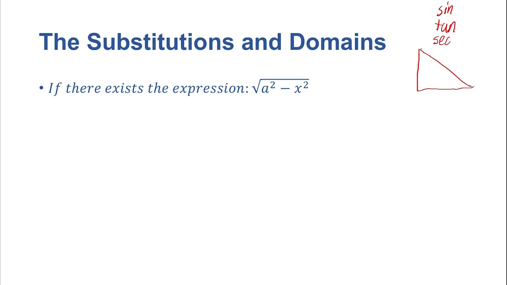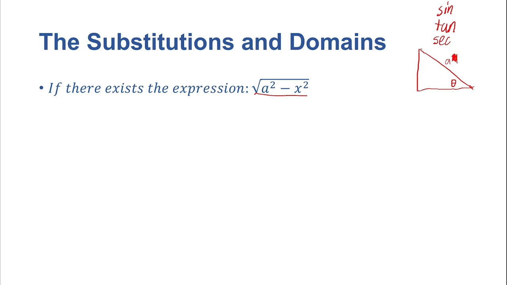So this is showing some sort of Pythagorean relationship, right? So we've got a squared minus x squared. Now what does this mean? So a squared minus x squared is telling me that a is the length of my hypotenuse because we're subtracting something from it. Then we're going to have an angle of theta here.